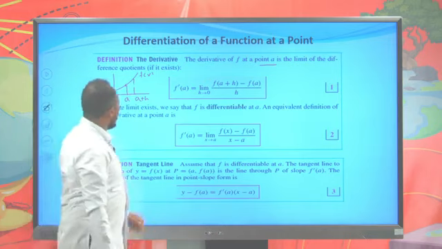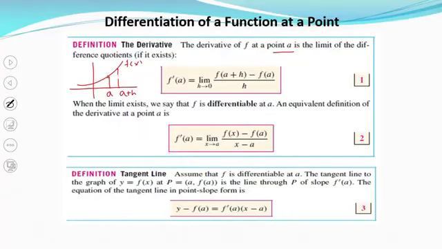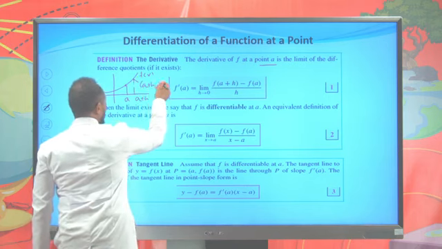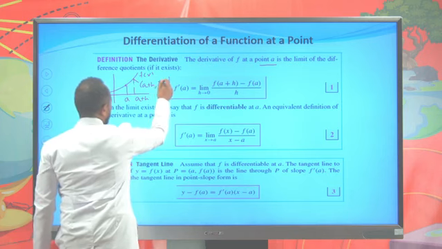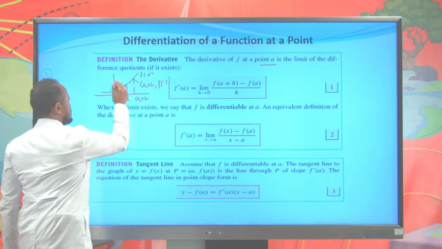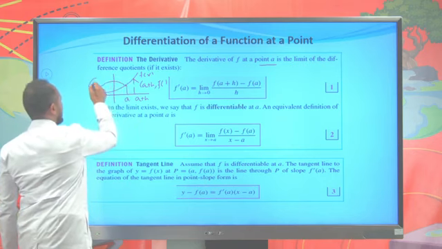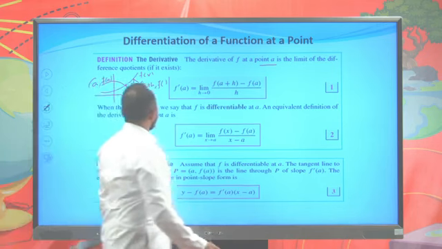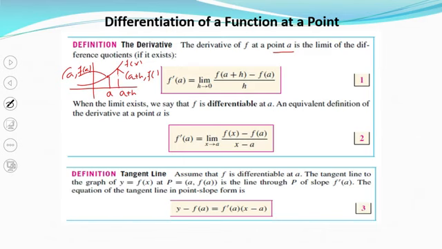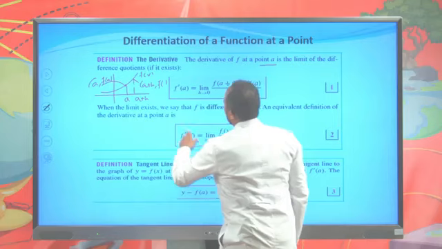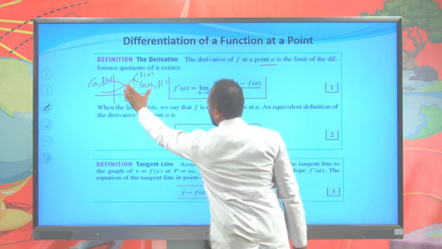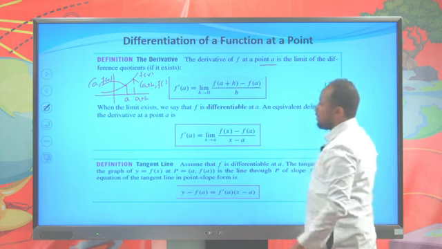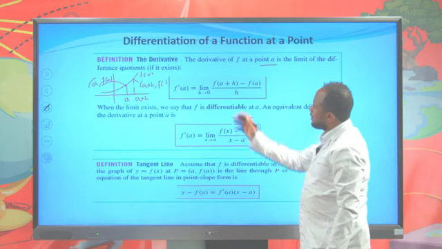This point is A plus h comma f of a plus h, and this point is a comma f of a. To find the slope, simply take the difference of y to the difference of x. So the derivative of this expression at this point is given by the limit of f of a plus h minus f of a over h, where h goes to 0.